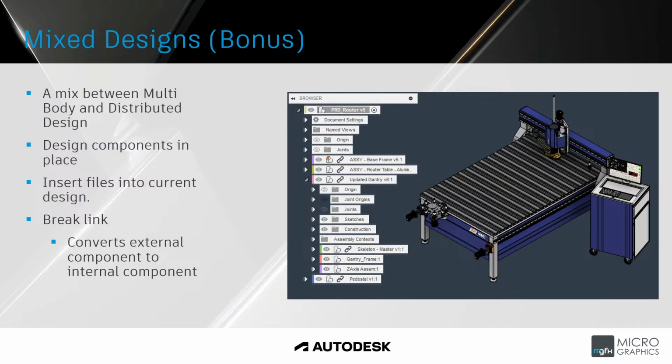Whether you start off with a distributed design and then you break links to components, or you start designing bodies internally inside that distributed design, or you start with a multi-body and then bring in external files. Either way, you can work in this mixed environment.